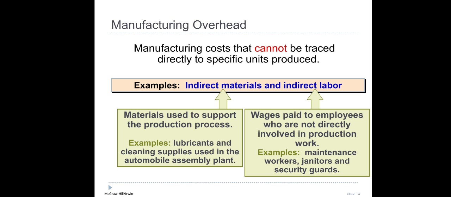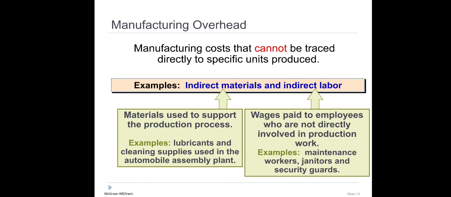Okay, the second category of manufacturing overhead is indirect labor. As I have explained in the previous slide, direct labor are people or workers who are directly involved in the assembly of a product. But indirect laborers are like maintenance workers, janitors, and security guards.